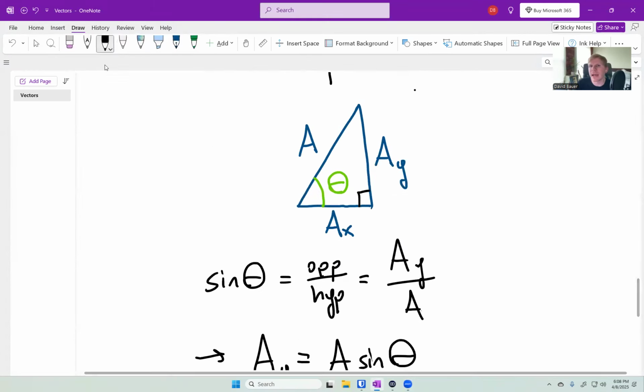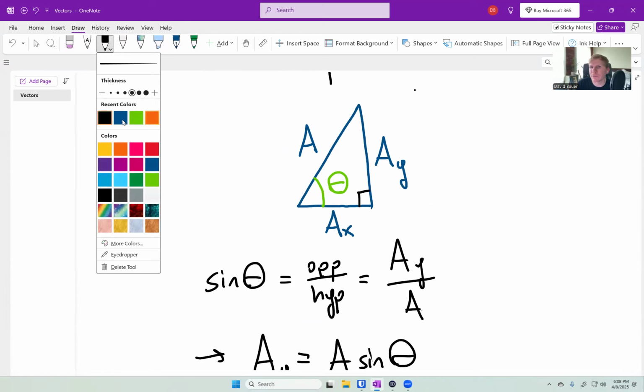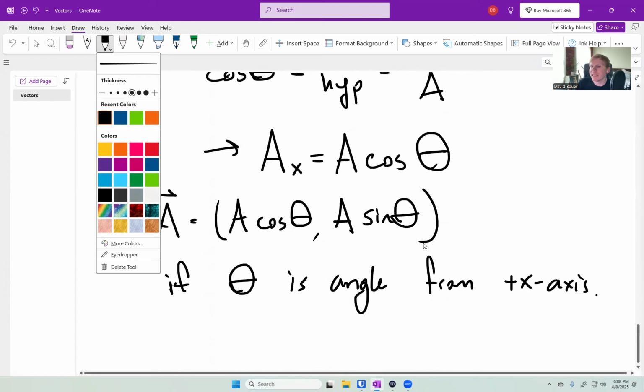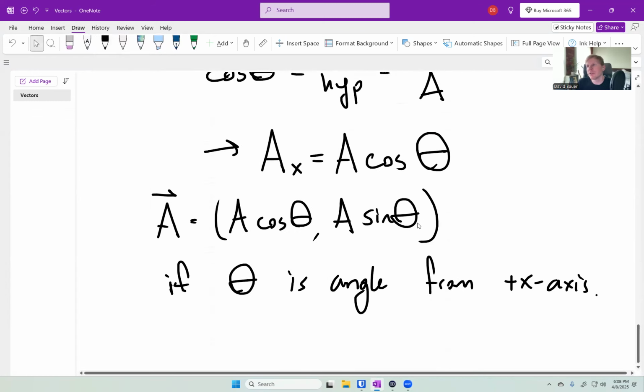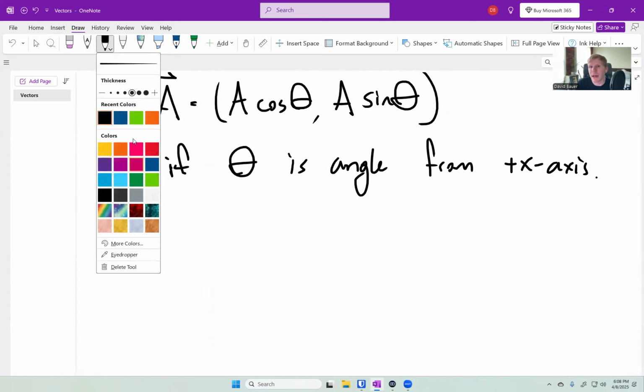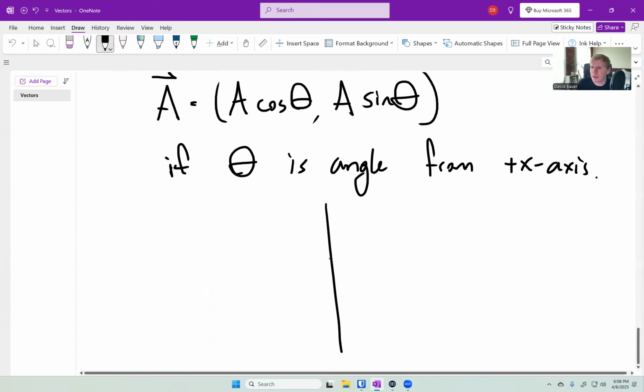It has to be the angle I've drawn here from the positive x-axis. If it's any other angle, then I'm going to need to draw a different triangle, and the trigonometry is going to work out differently. So for example, let's look at B.